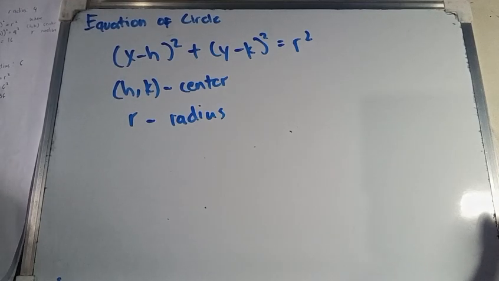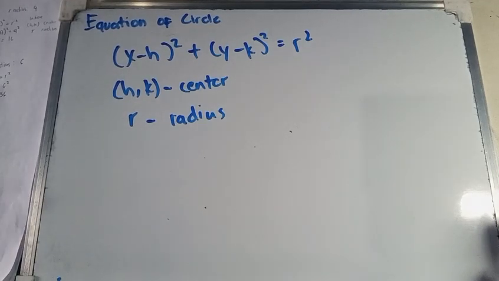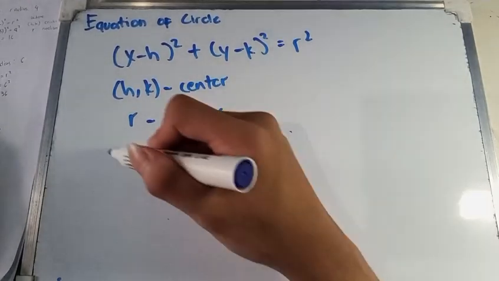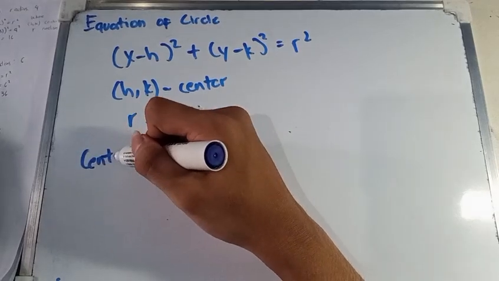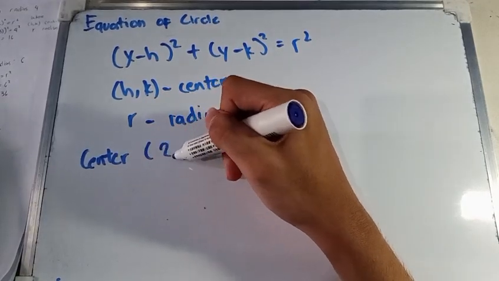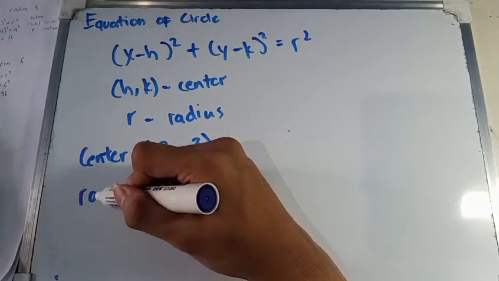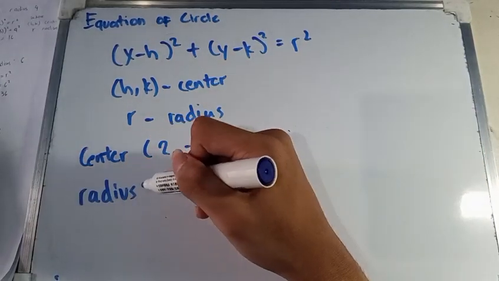So how do we find the standard form of a circle given the center and radius? For example, we have a center of (2, -3) given the radius of 4.